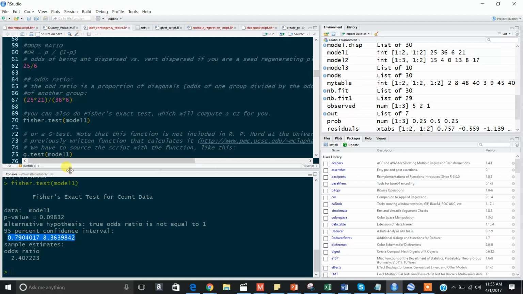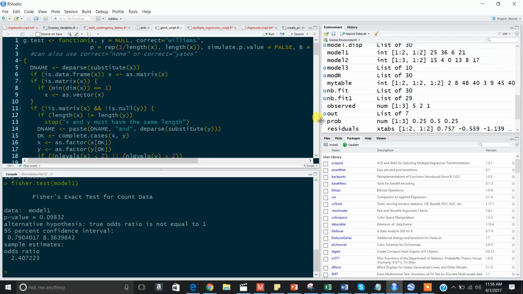Okay, you can also do a G-test. Now, the G-test function is not included in R. So you actually have to source the previously written function that calculates it. And I have the script to do so. So it's this really long function here.